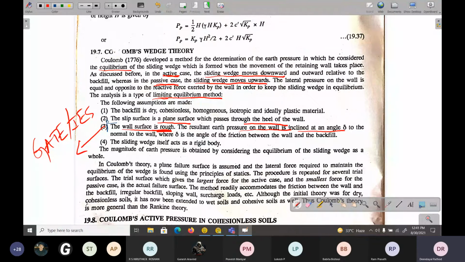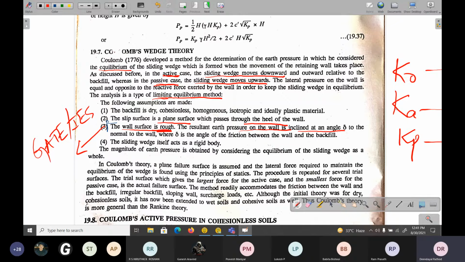He analyzed and found the Ka value. That is more important. For the active case Ka, the passive case Kp, and at rest K naught, the K term is changing for everything. K naught is 1 minus sin phi, Ka is (1 minus sin phi) by (1 plus sin phi), and Kp is the reverse of that, (1 plus sin phi) by (1 minus sin phi).